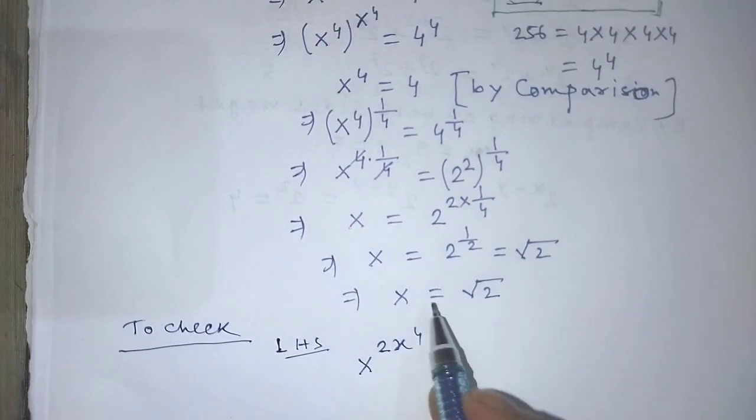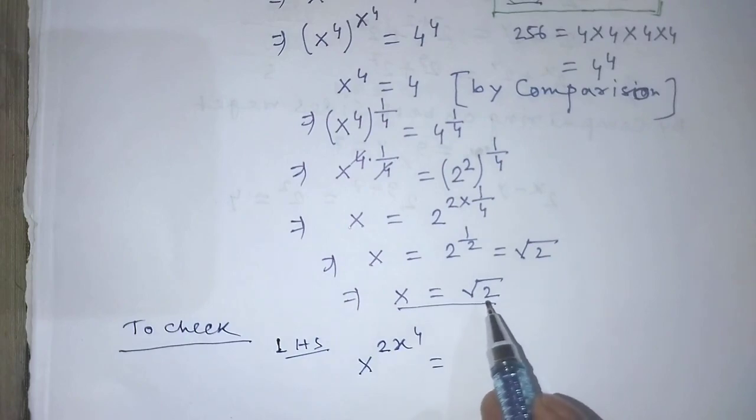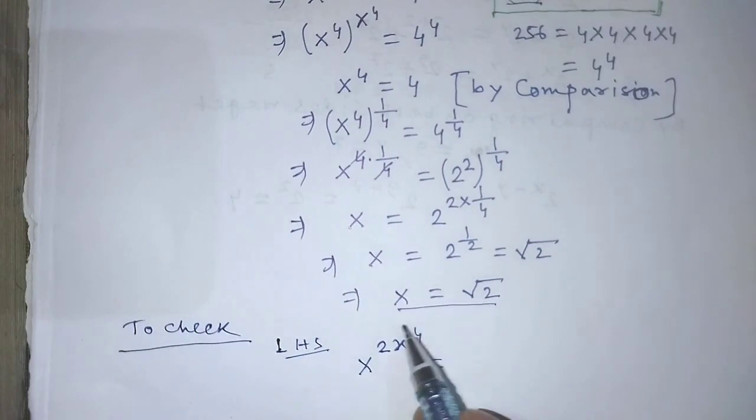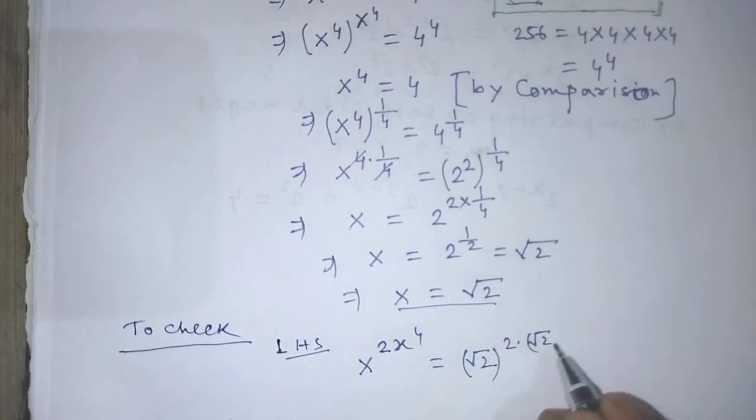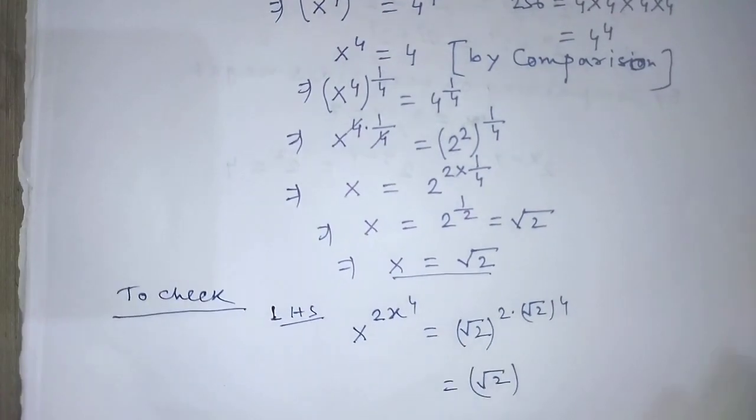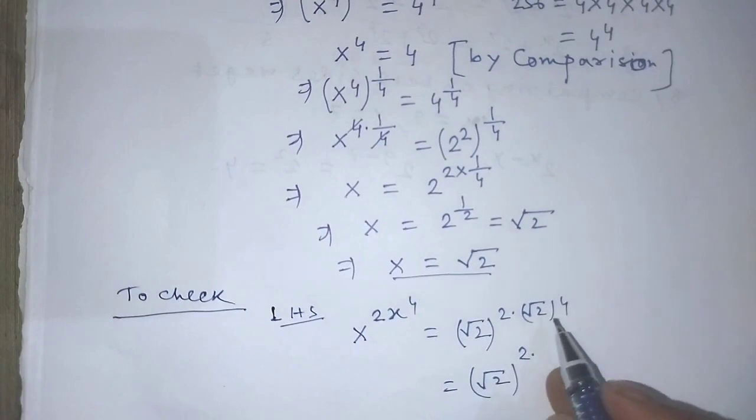If you put the value of x is equal to square root of 2 in this exponential form, then we get (square root of 2) whole to the power 2 times (square root of 2) whole to the power 4. So we can write here (square root of 2) whole to the power 2 times (square root of 2) whole to the power 4, that is 4.